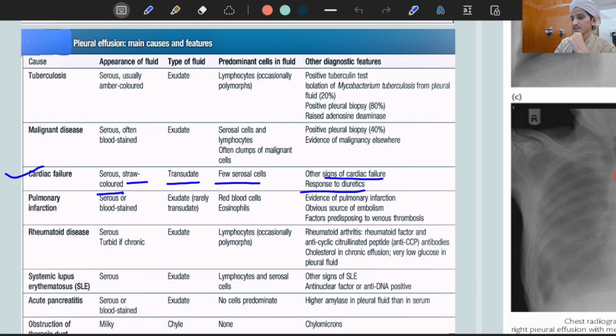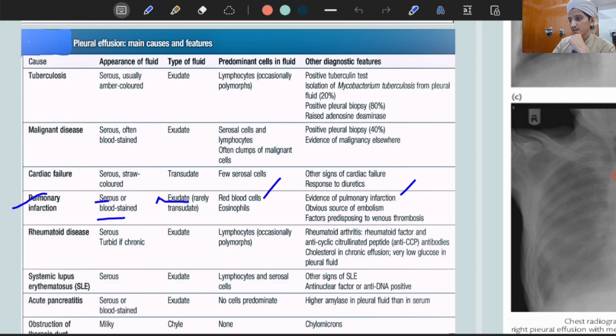Okay, in pulmonary infarction, it can be either serous or bloodstained. It can be serous also or bloodstained also in pulmonary embolism. It is mostly an exudate, rarely transudate. RBCs you can see in the fluid, and there will be evidence of pulmonary infarction in chest X-ray and CT scan.